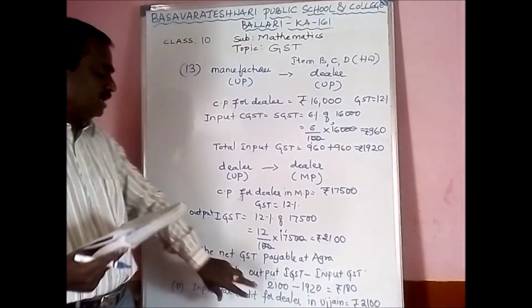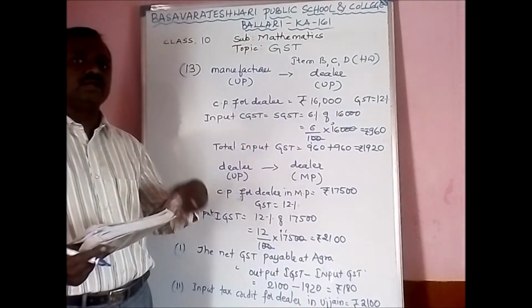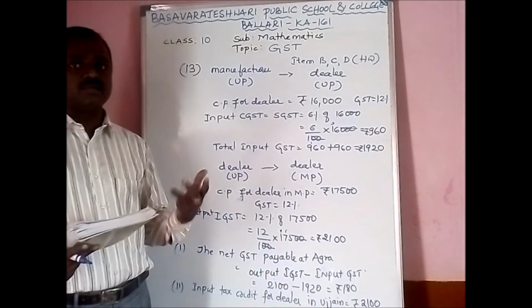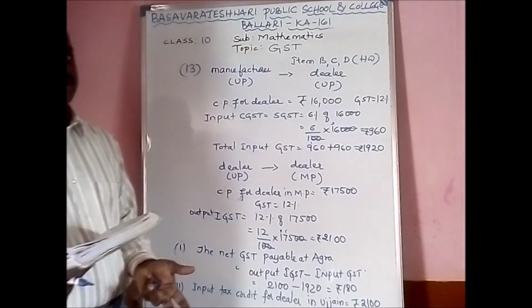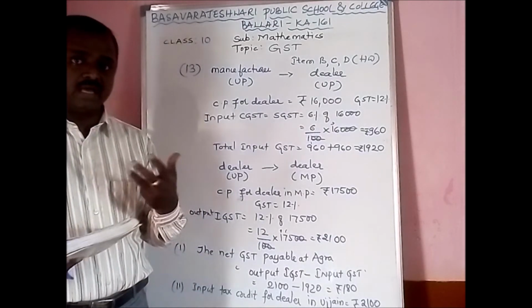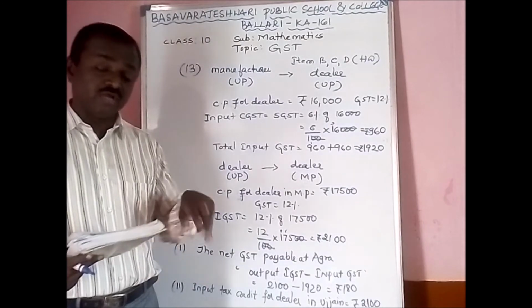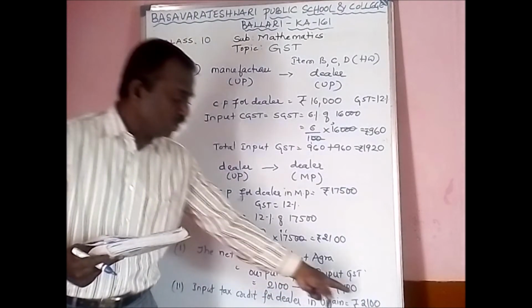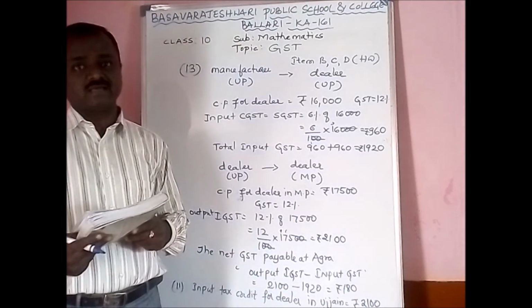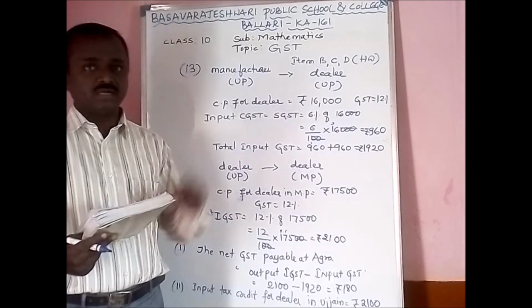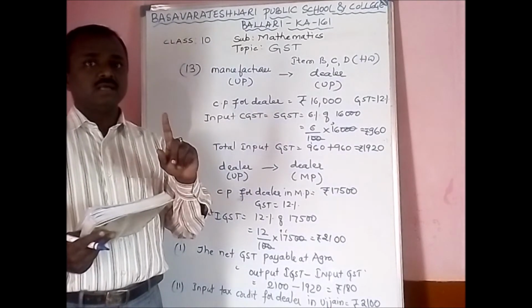This is the input tax credit. So it is still with the Ujjain person. He can utilize it if he does a further transaction, whether intrastate or interstate. He may utilize this amount as tax. Okay, understood now? That is what input tax credit is.